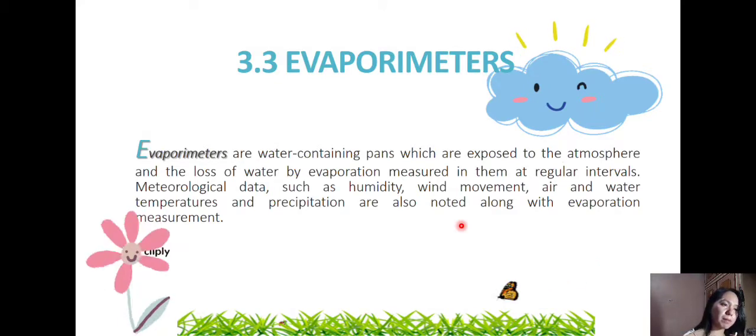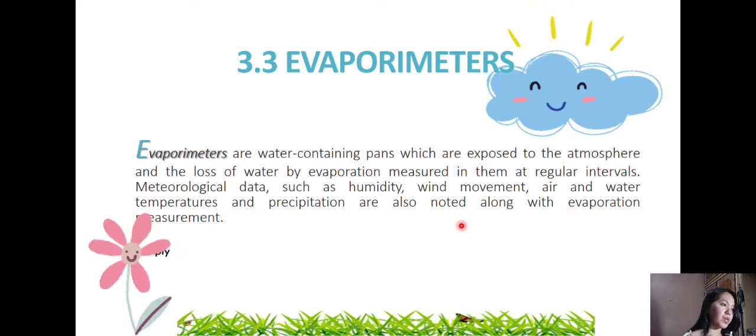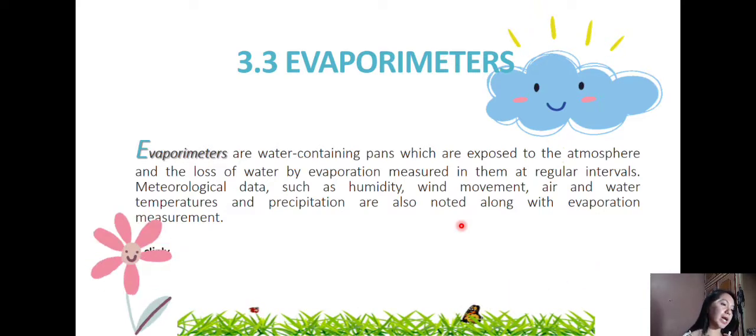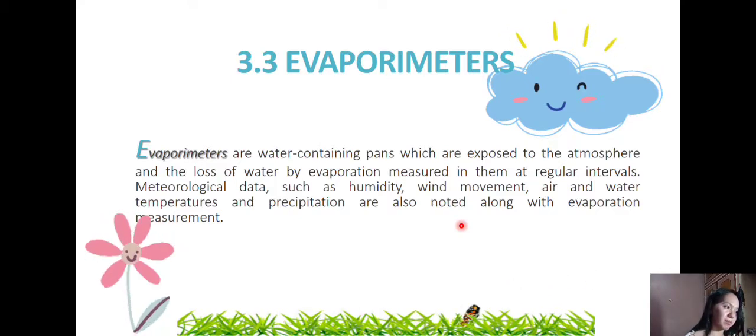Evaporimeters are water-containing pans which are exposed to the atmosphere, and the loss of water by evaporation is measured in them at regular intervals.